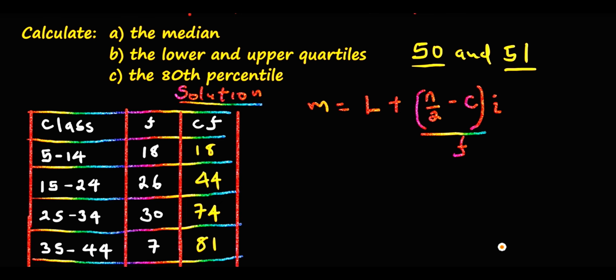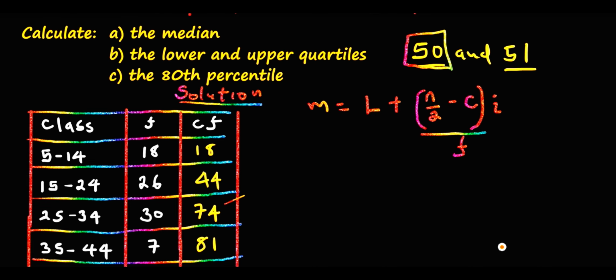So first of all, let us get the one for the 50th farmer. According to the cumulative frequencies, 50 lies in this class because it cannot be in the first one. This one is 44, so this one has got up to 44, but the next one has got up to 74. The next one is even higher, 81.